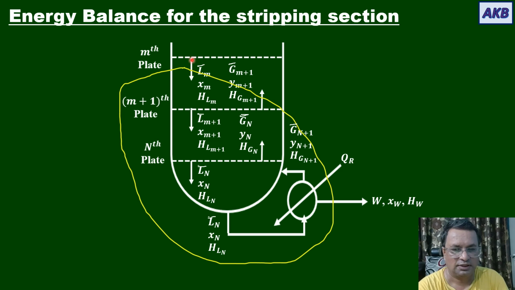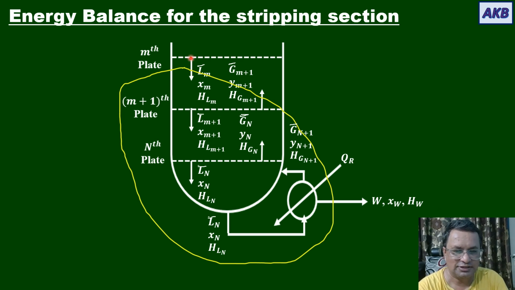So one material stream goes into the envelope, the liquid stream that is coming from the mth plate. One material stream goes out of the envelope, that is vapor from the m plus 1 plate. Then one material stream, that is the residue stream, is going out of the envelope.